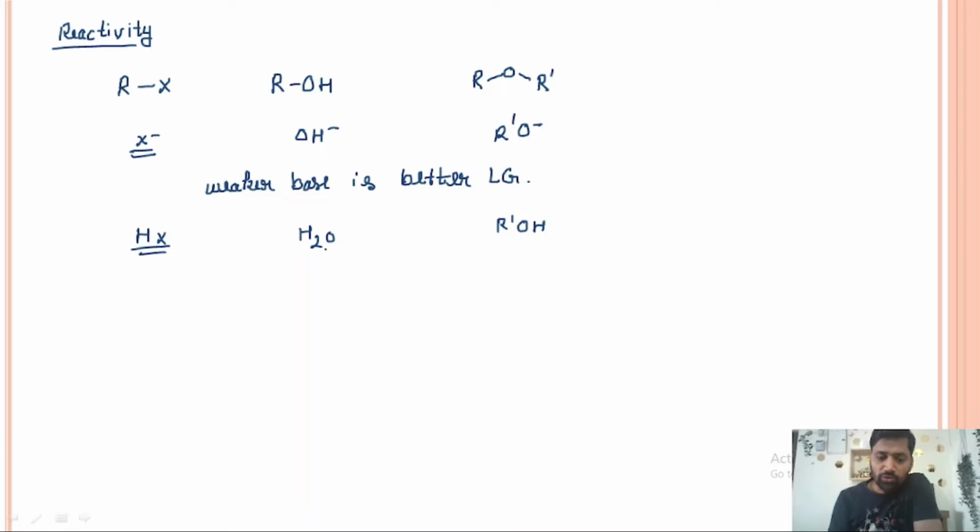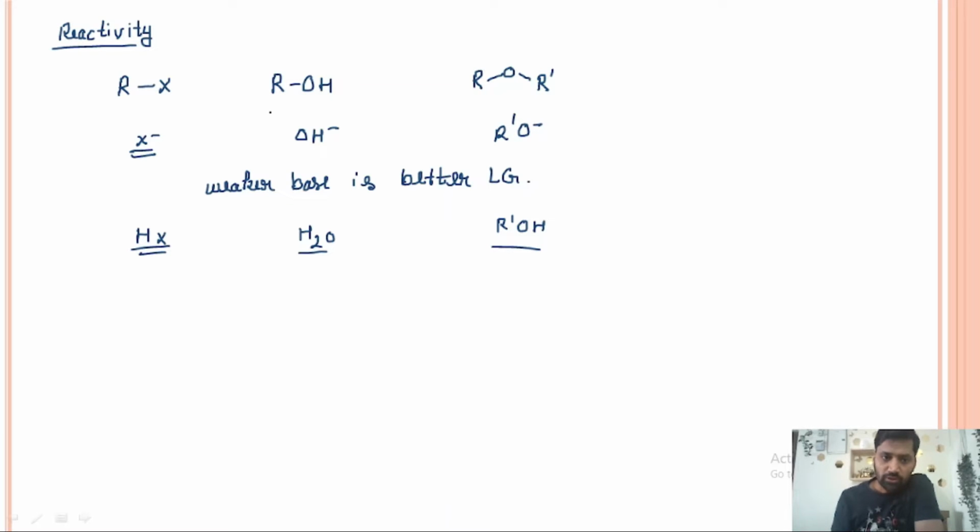And now if you compare between the alcohol and ether, that is the basic strength or acidic strength of water and alcohol, the water is a little bit stronger acid in comparison to R prime OH, that is alcohol. And that is why its conjugate base OH minus will be a weaker base in comparison to alkoxide ion.